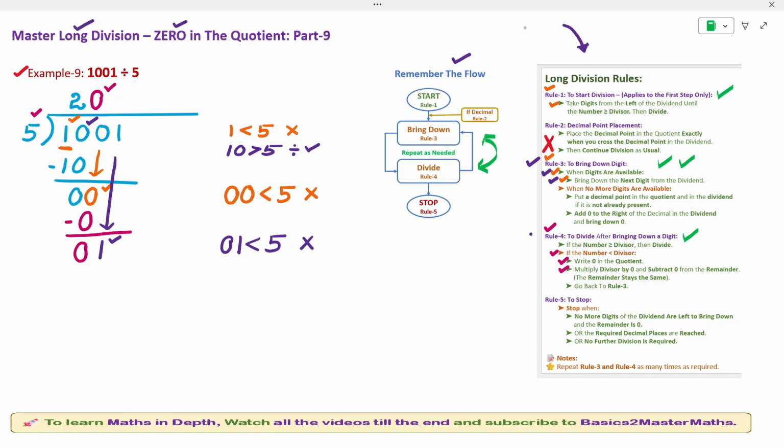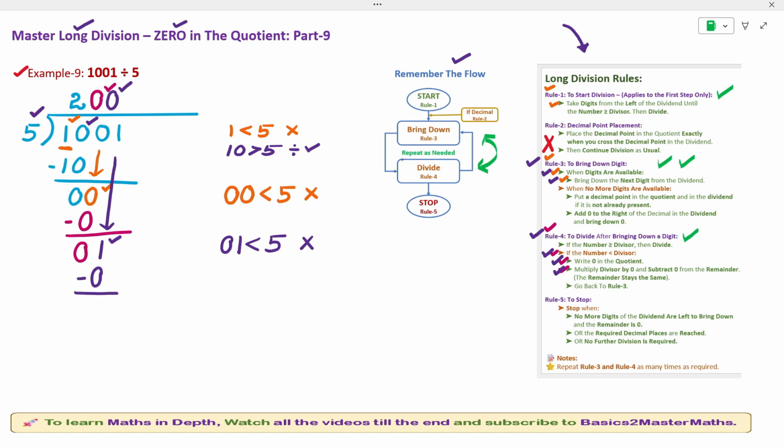So, let us apply rule 4 again. If the number is less than the divisor, write 0 in the quotient, then multiply divisor by 0 and subtract 0 from the remainder. 5 zeros are 0.